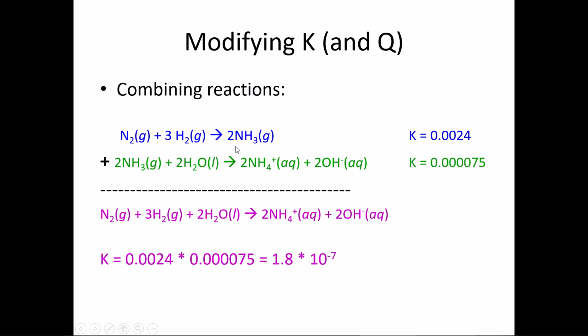When we add those two together, here is our new reaction. Nitrogen plus H2 gas plus water gives me the NH4 plus and OH minus. What is the new K equilibrium value for this reaction? We just have to multiply the two K values from the reactions we added to get what our new value would be.